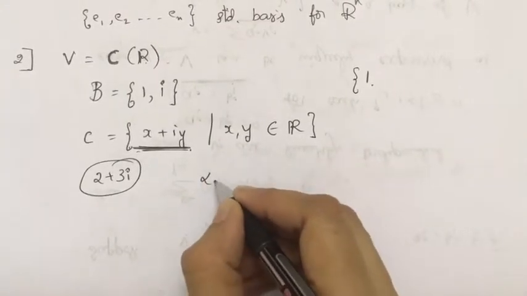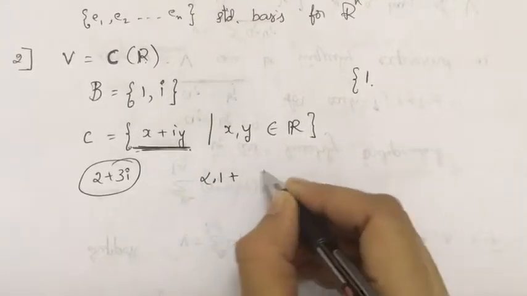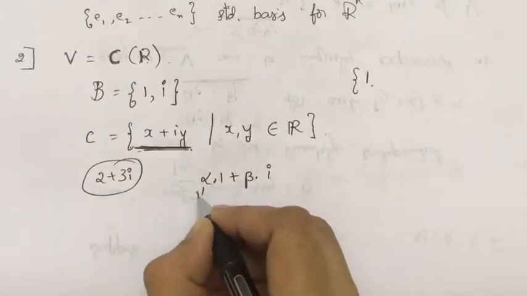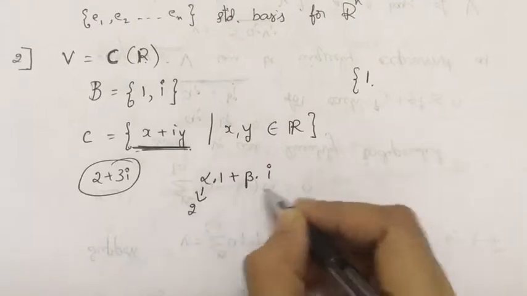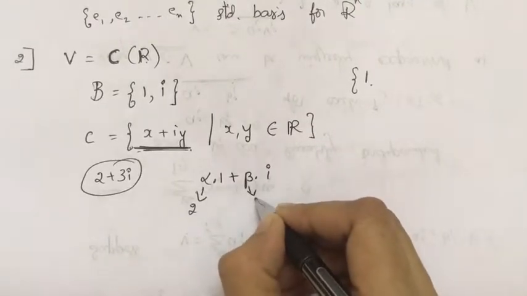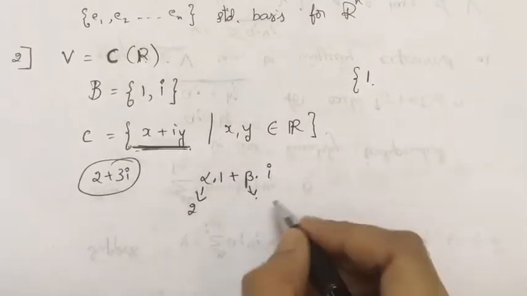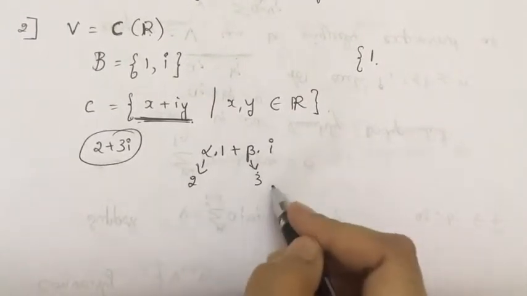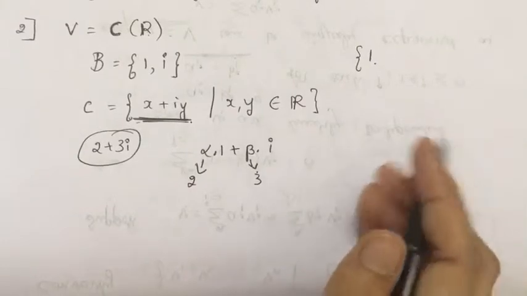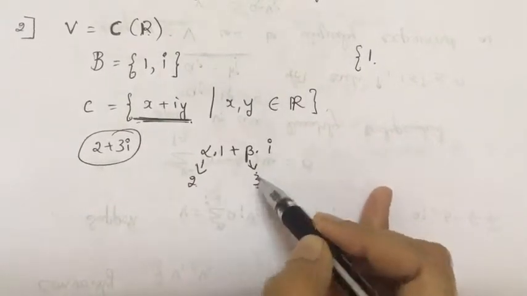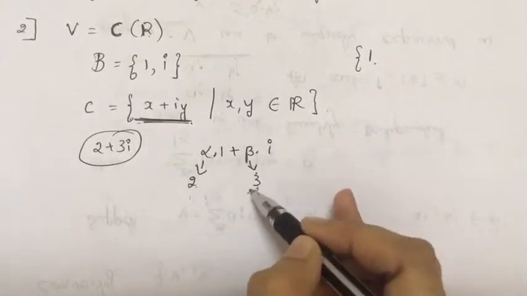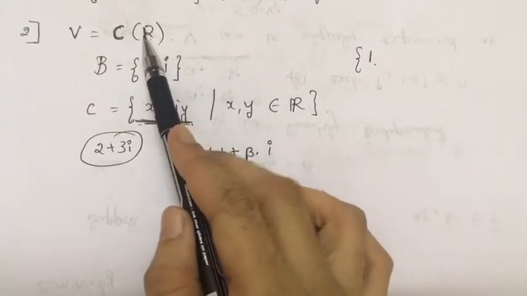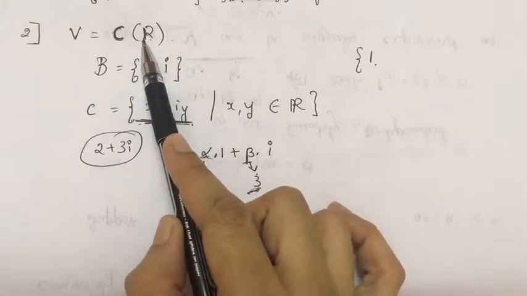Now I am giving value 2 to alpha and 3 to beta, so that I'm getting 2 plus 3i. I can do this because these are elements from the field, and here the field is the set of real numbers.